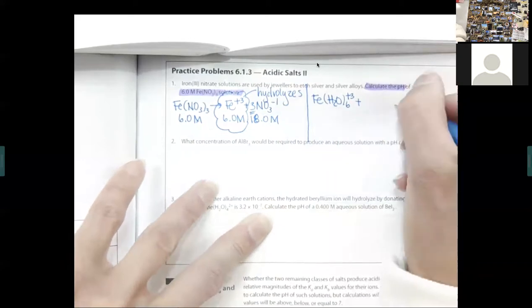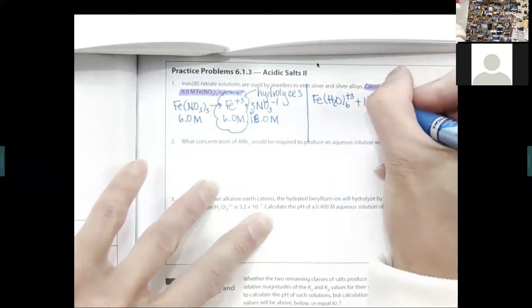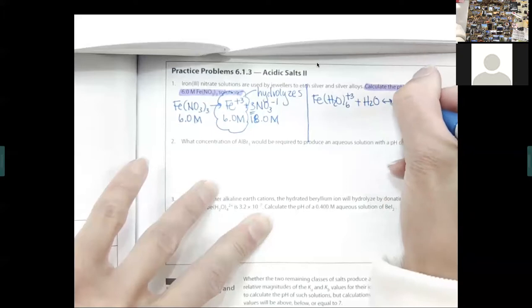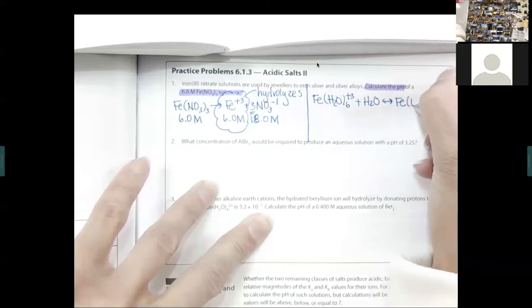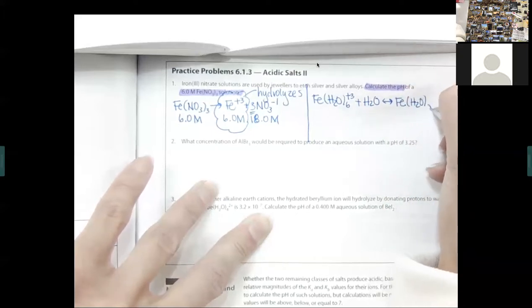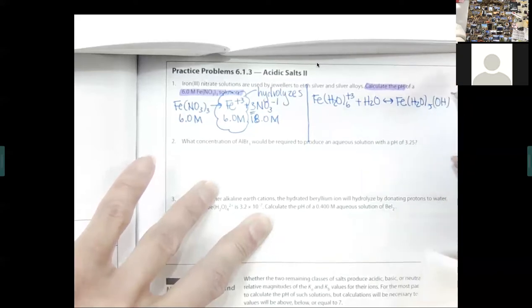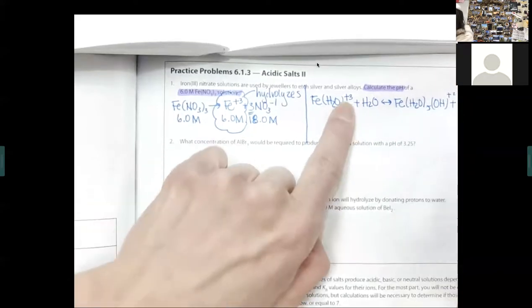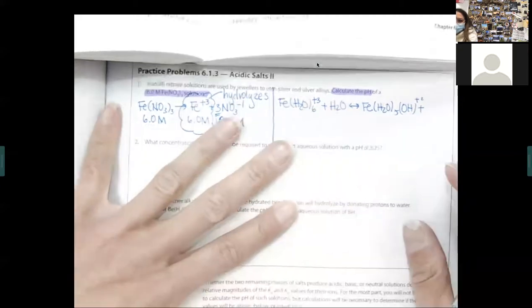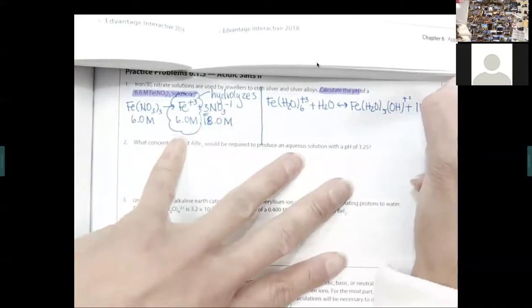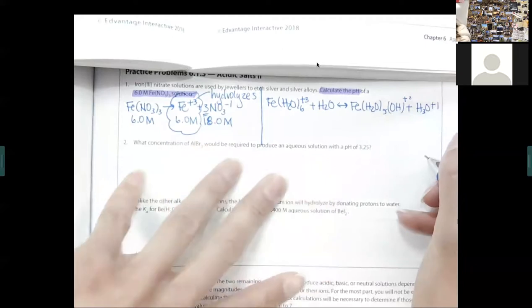And what this is going to do is form an acidic solution when it hydrolyzes, and you're going to be left with 1 less water. We add a hydroxide to the formula and we change this charge from a +3 to a +2, okay? And then you're going to have a hydronium ion coming out on the product side.